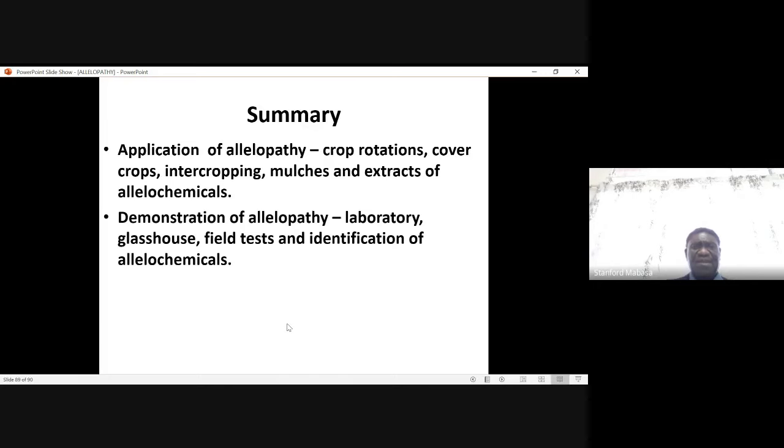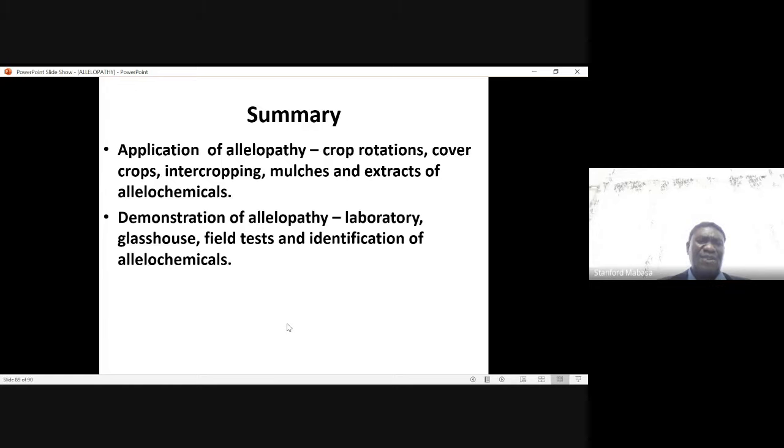Then we examined the application of allelopathy in crop rotations, cover crops, intercropping, mulches, and also the use of extracts of allelochemicals.